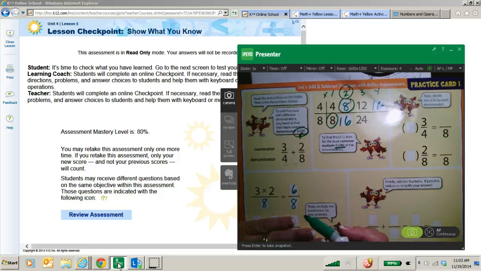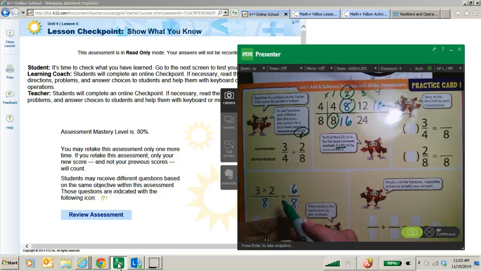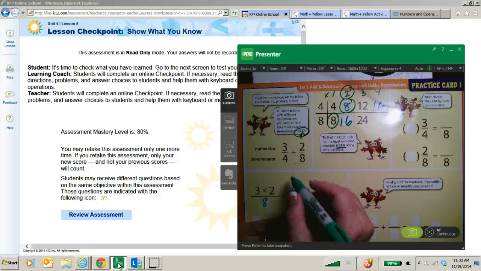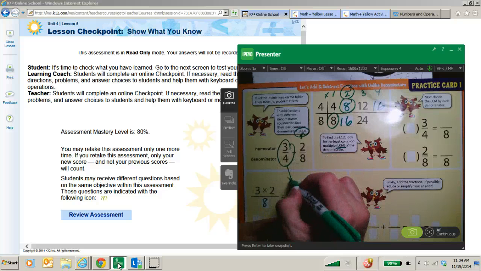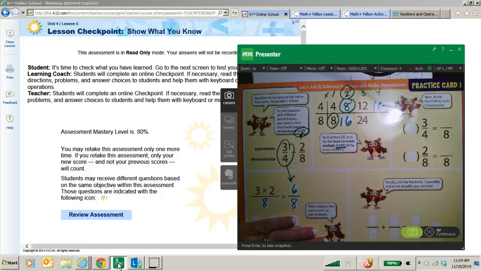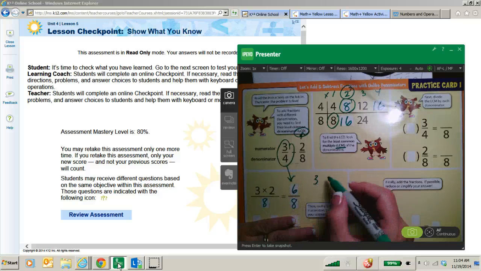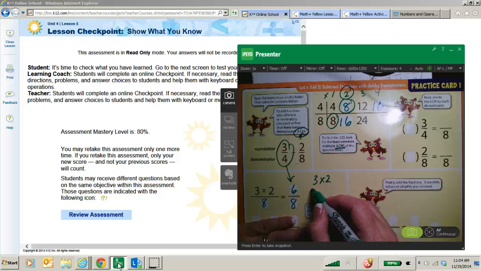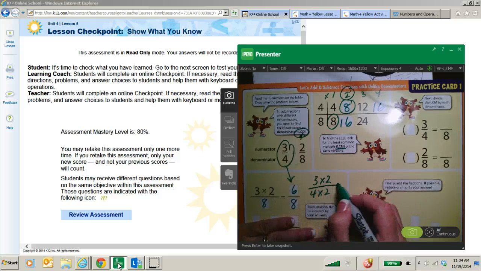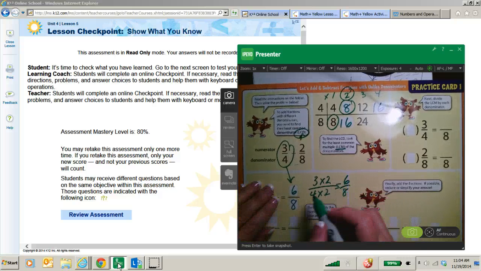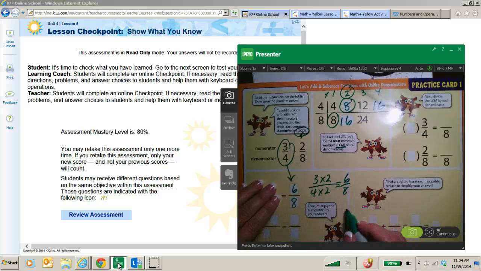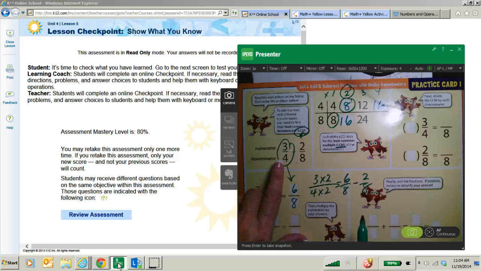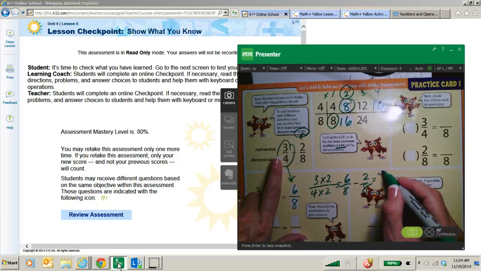So even though that can be a little confusing, basically what we want to say is we've turned this 3/4 into an equivalent fraction. So we have 3 times 2 and 4 times 2 to get 6/8. Now we can take 2/8 away, because we're taking 2/8 away from 6/8 and we end up with 4/8.